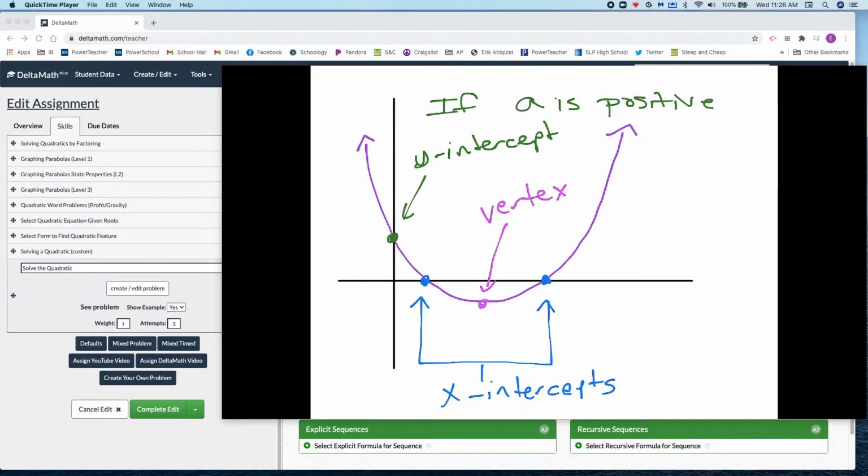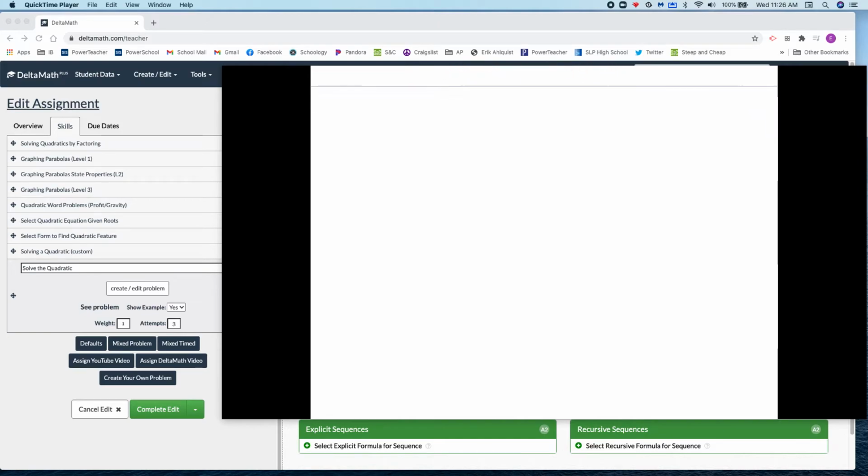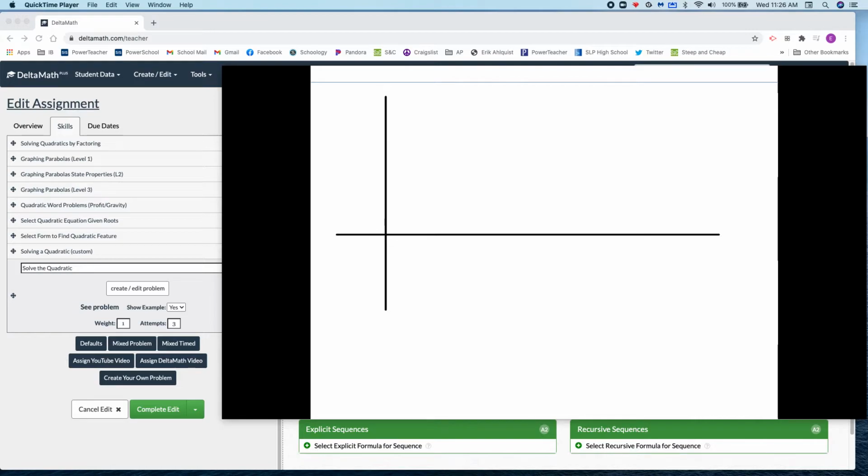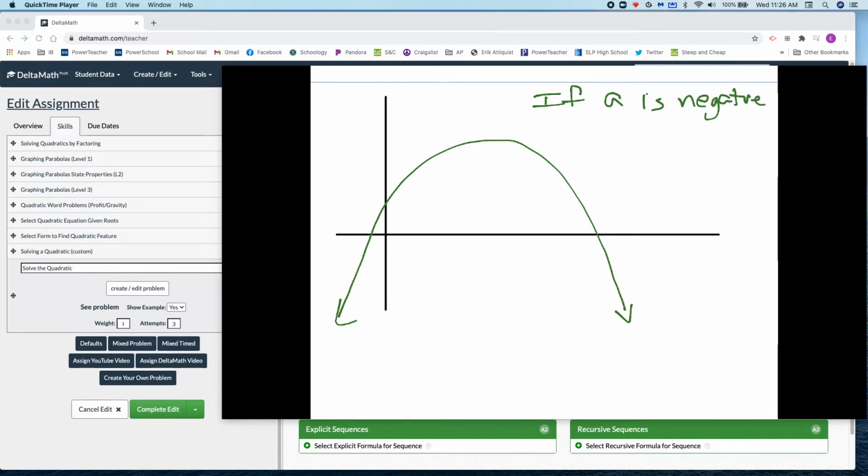Now, if a is negative, the only thing that happens is the parabola will flip over. So if I draw some more axes and flip the parabola over, something like this, this is the graph if that a value is negative. It doesn't change all the pieces.